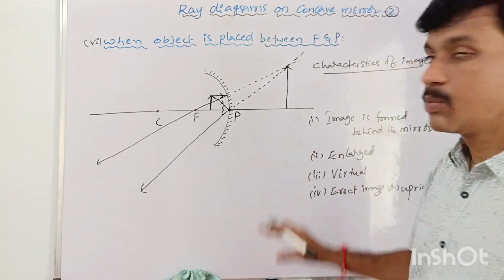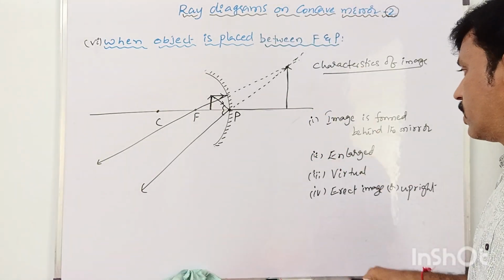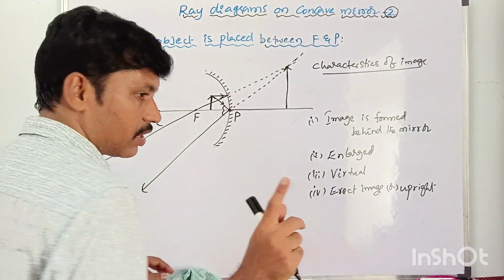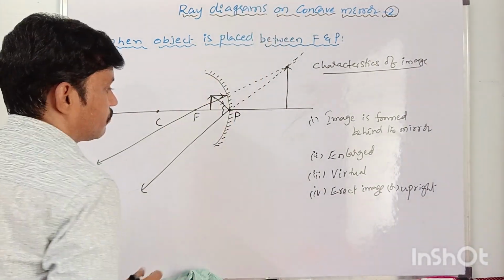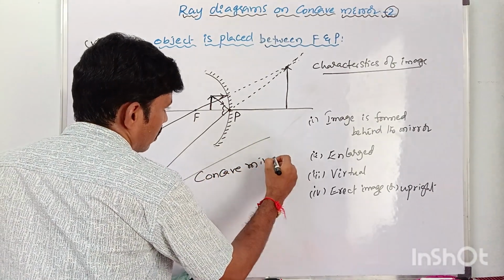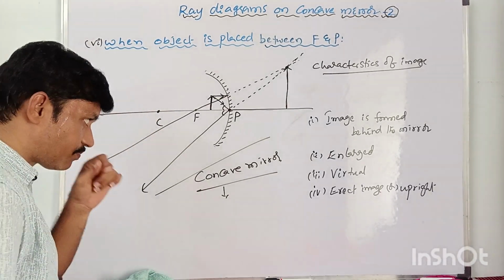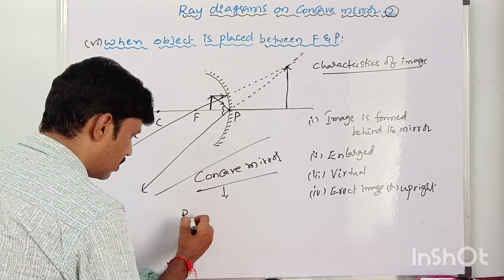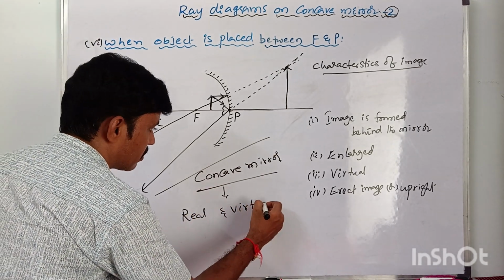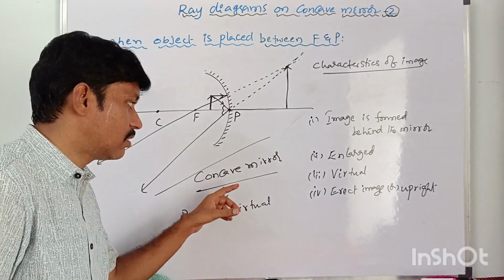So when the object is placed between F and P, the characteristics of the image are: the image is formed behind the mirror and is enlarged. We can conclude one thing: a concave mirror forms real images as well as virtual images, depending on where the object is placed.